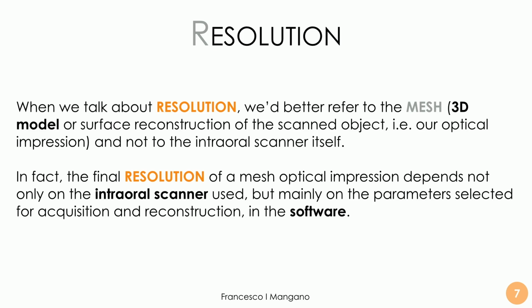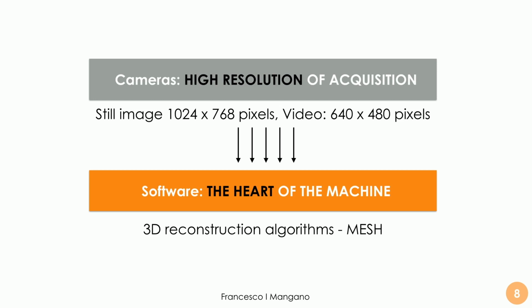So basically, the final resolution of a mesh depends not only on the scanner, of course, with the point clouds, and then the decision made by the software, but not only on the cameras of the scanner; it also and mainly depends on the software. So we have two key players here: the cameras, but almost all intraoral scanners have high resolution of acquisition, they have powerful cameras.